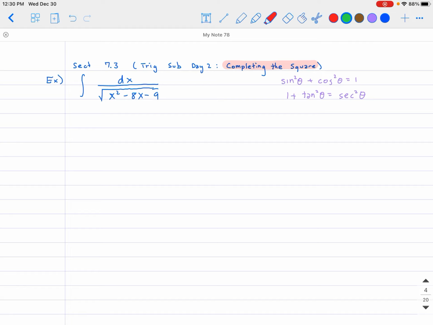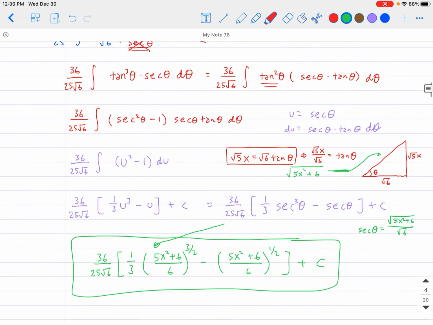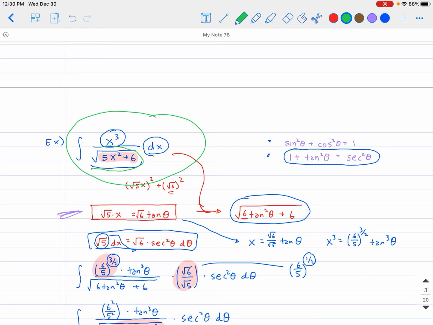Last time we talked about using a trig substitution when we have an identity, or a part of an expression that looks like an identity. Just going back over here so you can see what's happening. In the examples, in the denominator we had the square root of 5x squared plus 6, and we said that looks kind of like an identity, so we can make a substitution.